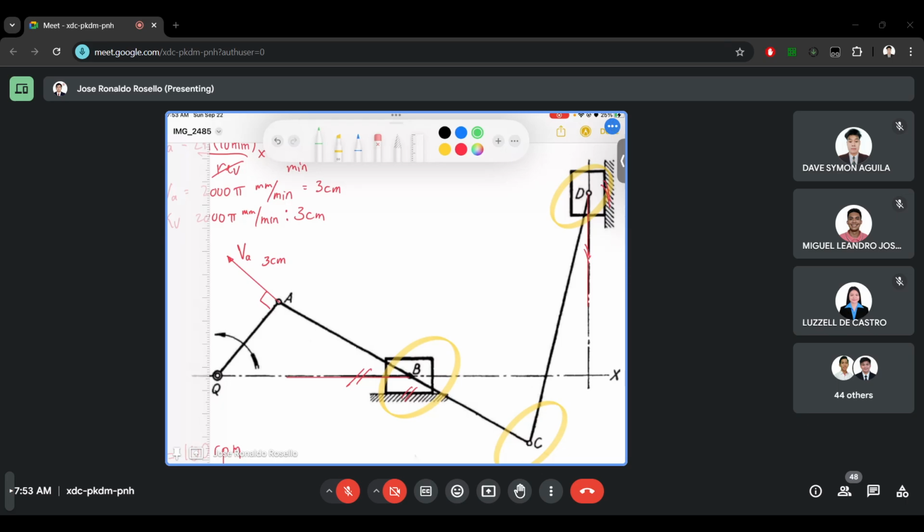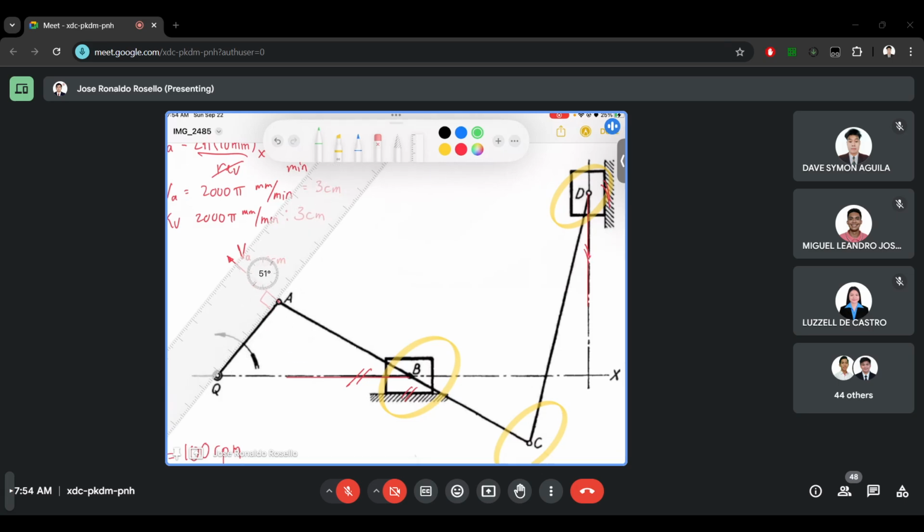So meaning, point A and point B and point C, since they are three points on the same link, have the same instantaneous axis. How do we find this instantaneous axis? We can find it by making a perpendicular line to the directions of their vectors.